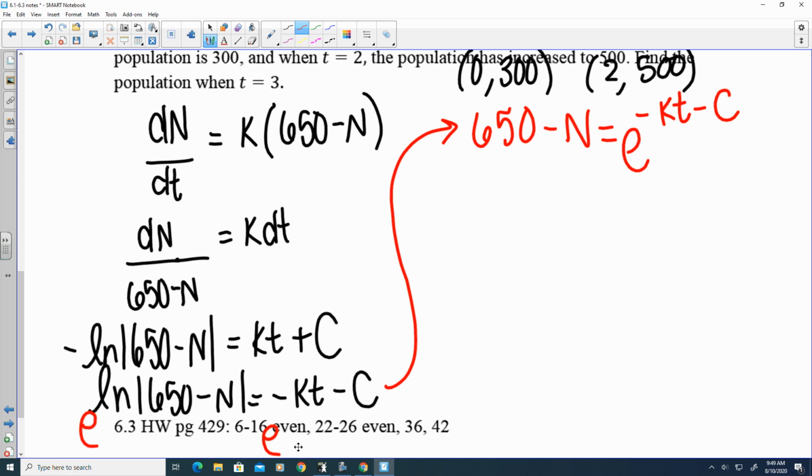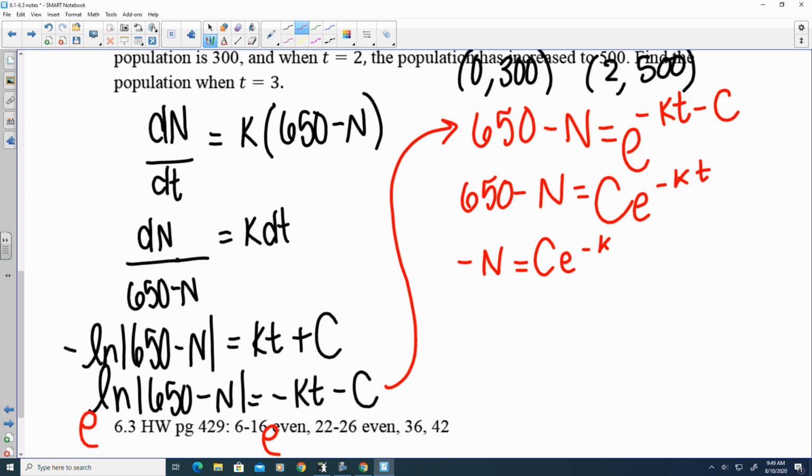That c comes down, right? I'm going to subtract the 650. I'm trying to get n by itself. And divide by a negative. So we had a couple algebra steps here.